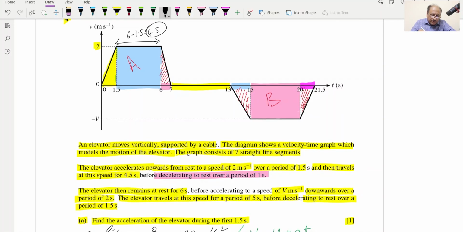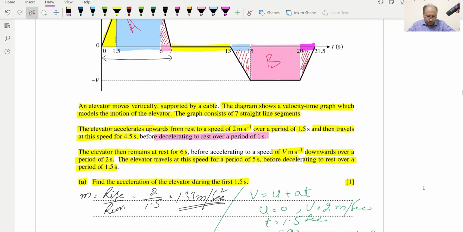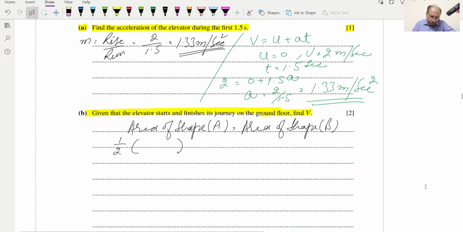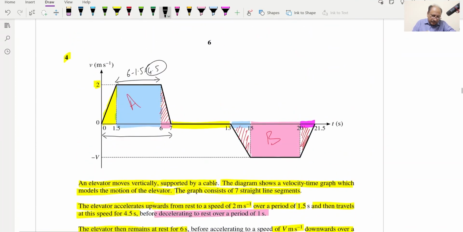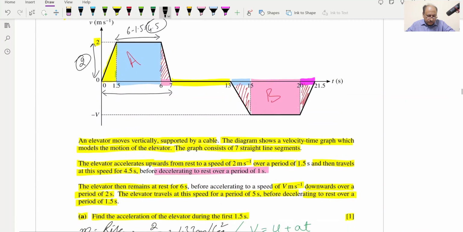So this length is 4.5 and this total length is 7. So 4.5 plus 7, and the height is 2 meters. This height is 2 meters.